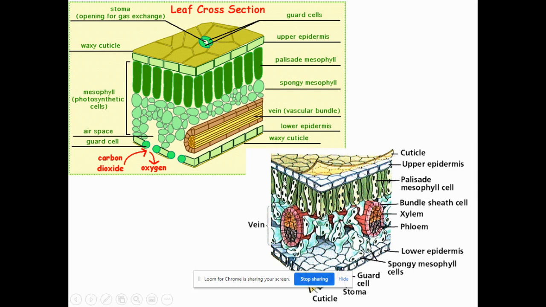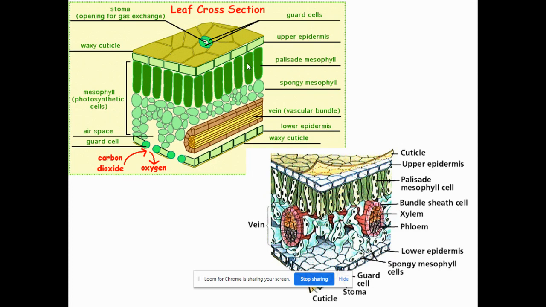So here you see stomata on the surface of a leaf. You have different types of leaf tissue that you'll talk more about in Biology 102.